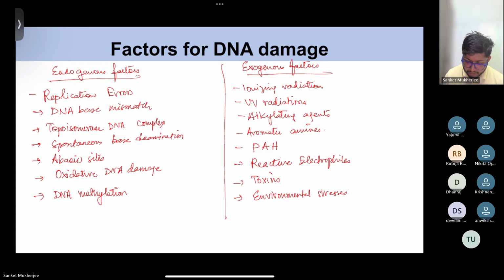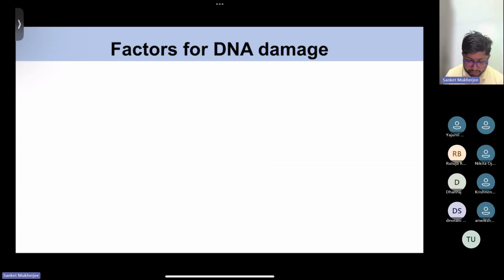So anyway, talking about the endogenous DNA damage, the very first thing is replication, the damage which happens due to replication errors. We all know that replication is nothing but how DNA produces itself, right? DNA forms more DNA. There is a replication fork.